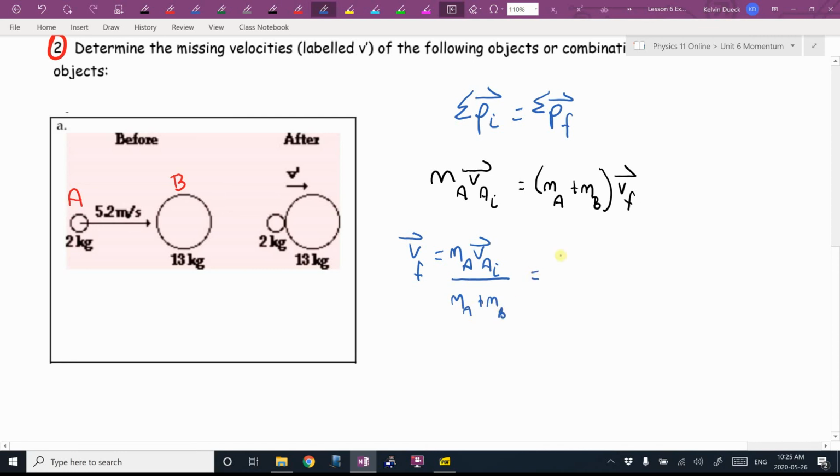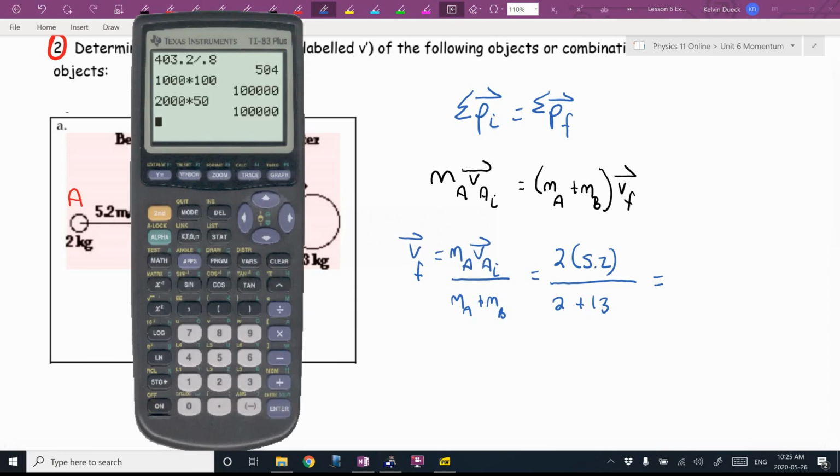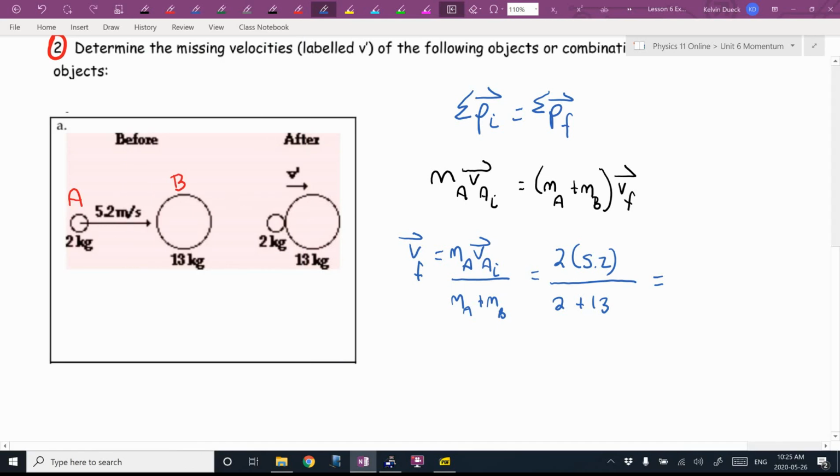Mass of A is 2, velocity is 5.2, divided by 2 plus 13. Definitely going to have to put brackets around the bottom. Technically don't need it on the top because we're multiplying. Now, I can already make some predictions before I even hit equals.